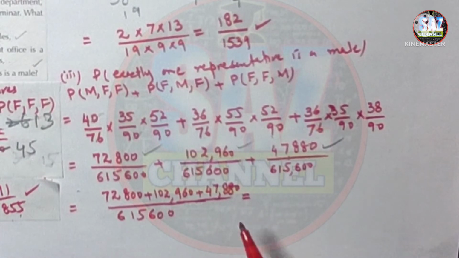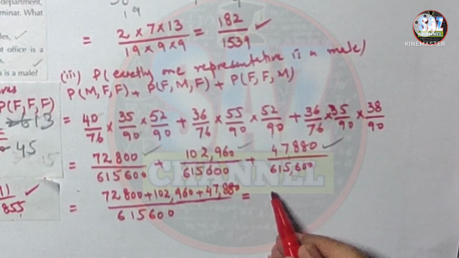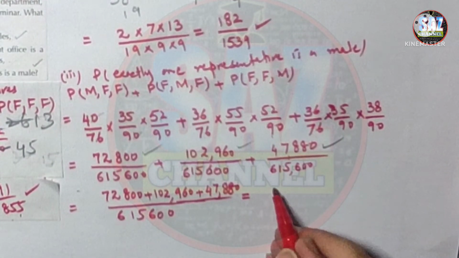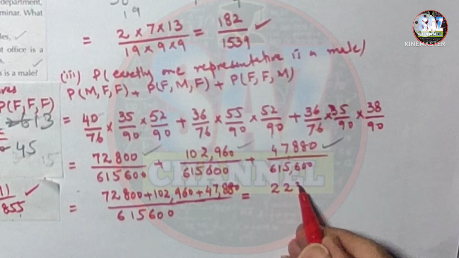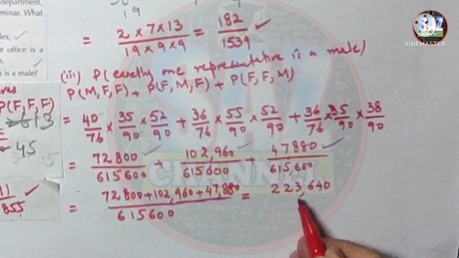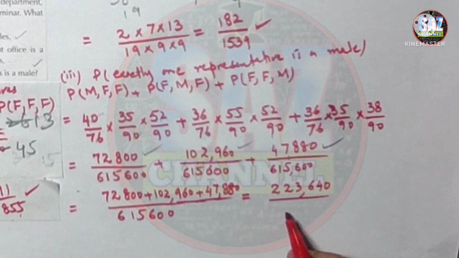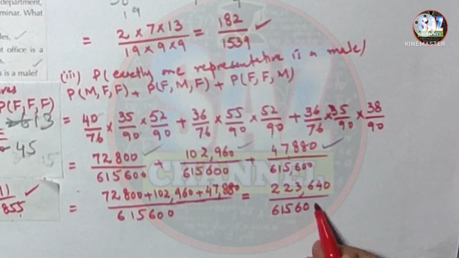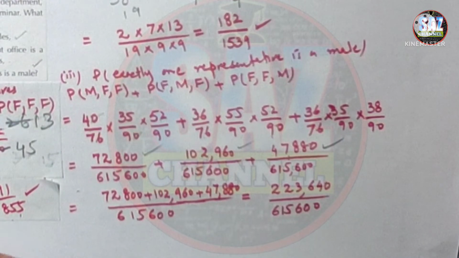Let me add up all these numbers carefully. 72,800 plus 102,960 plus 47,880 gives me 223,640 upon 615,600. Now it's the time to go for the simplification.